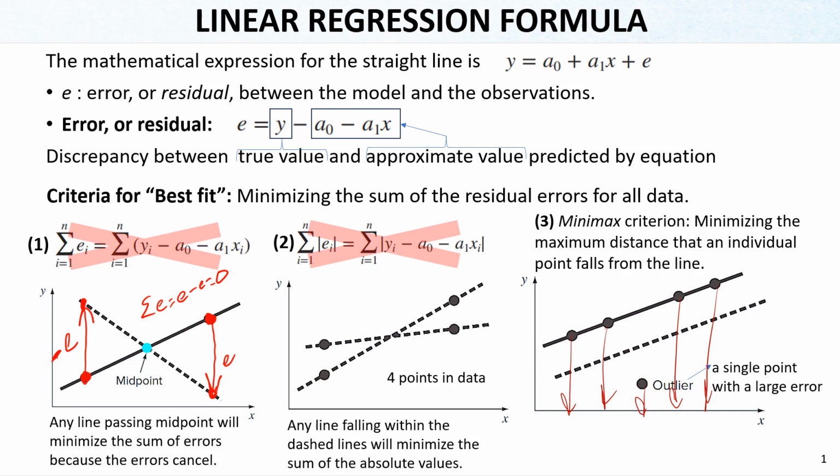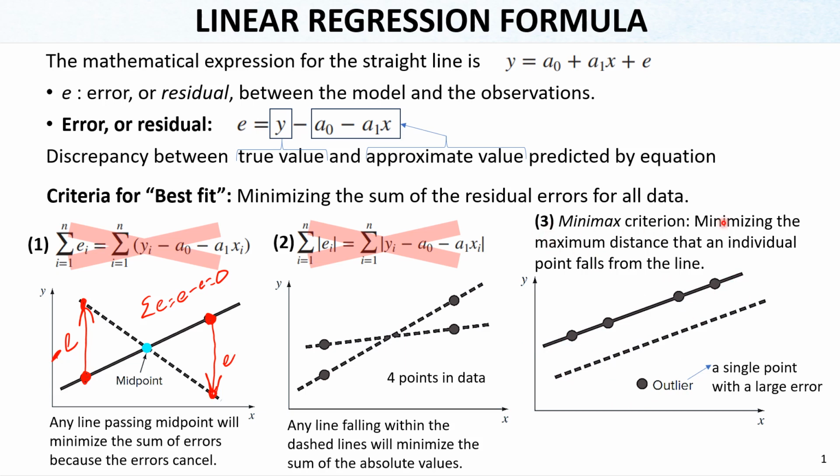But this outlier can be dominant here, and there can be an option like this which is affected by the outlier so much that it is very far away from these consistent data points. Actually, we expect a linear regression like this, but this outlier is emphasized so much in this minimax criterion.